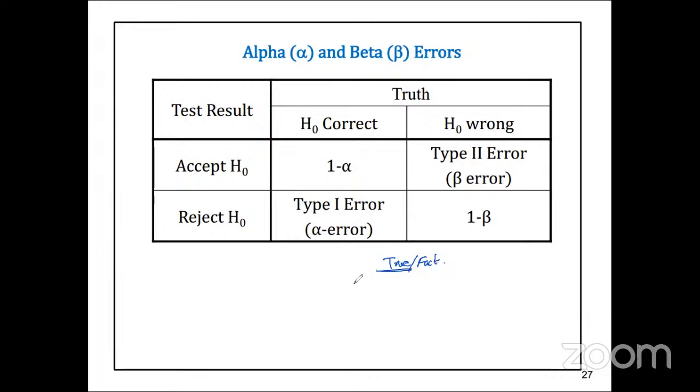Suppose I am suspecting that I have some symptoms of diabetes, so I want to check whether I am a diabetes patient or not. Actually, the fact can be that I am a diabetes patient or I am a non-diabetes patient. This is the fact which can hold when I go for the test.